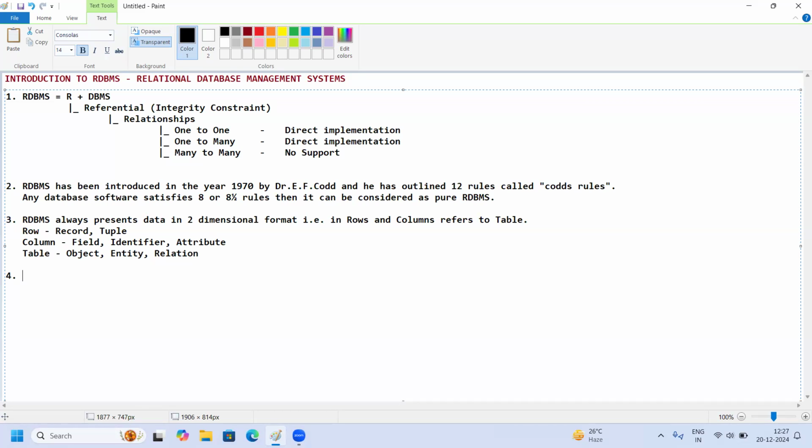Fourth rule: RDBMS always supports representing data in a normalized way. Remember this difference: representation is about designing.